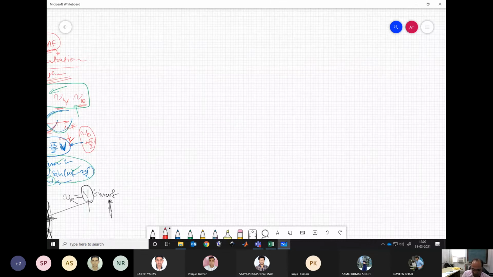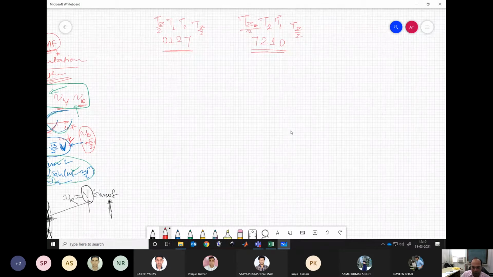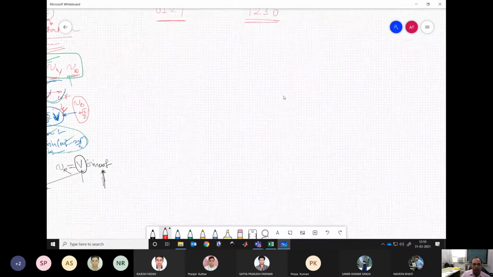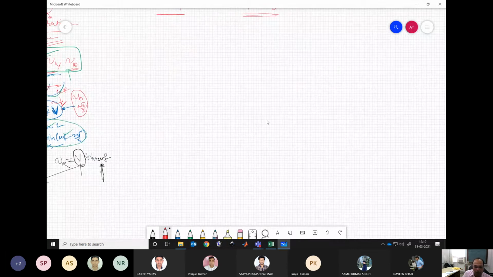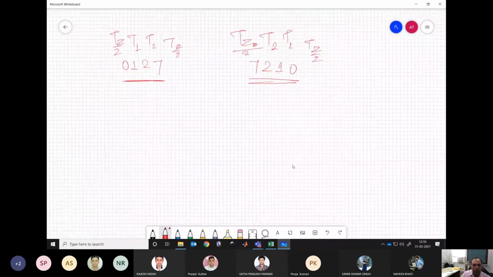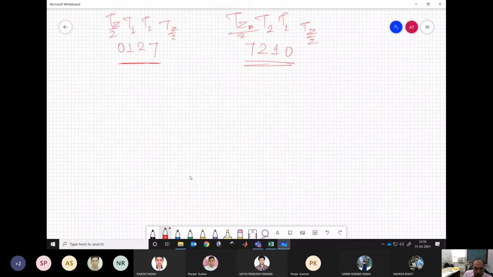Nobody has asked us to remain at that. This is only the conventional way of doing space vector PWM, which we have followed so far. These are the time intervals we have been following for different vectors in one sector. Let us see if we can do something more than just 0, 1, 2, 7 and 7, 2, 1, 0, going a little bit more involved into the space vector PWM.